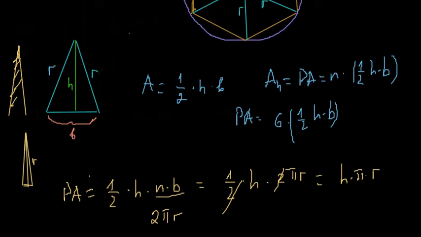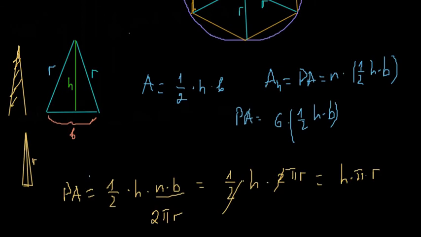You can see that there is a very high, visible difference between the length of r and the length of h. But as the number of the triangles, or the number of sides of a polygon, increases, this r is going to approach h, right? There's going to be a very small difference between them.